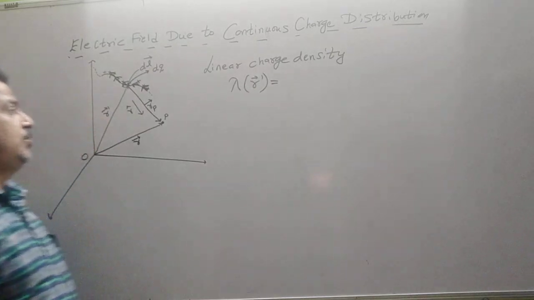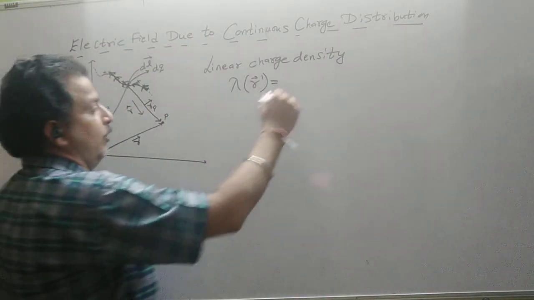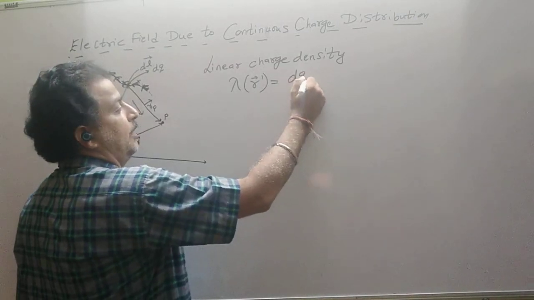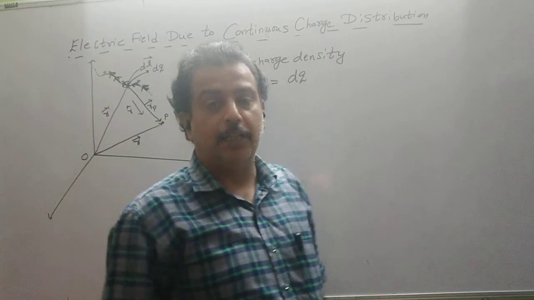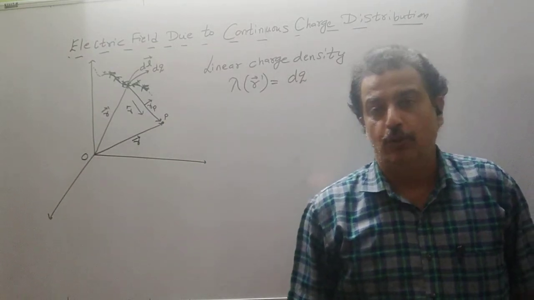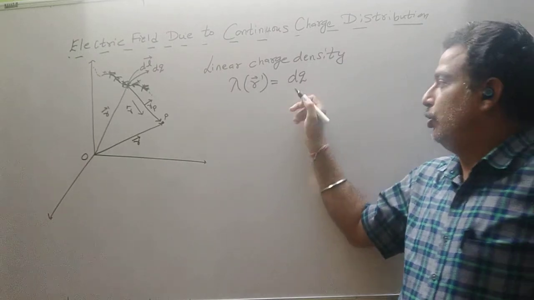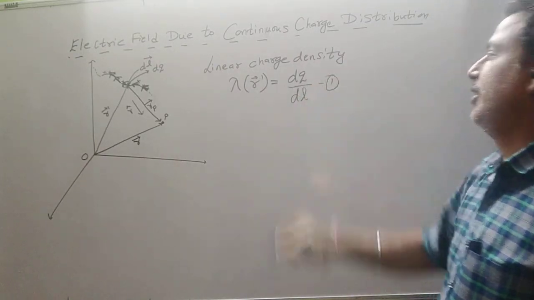If I change the element, some element will have more charge, some will have less charge. For non-uniform distribution, if you remember, we have written delta q upon delta L, and if delta L tends to 0, we write dl. So lambda is dq by dl. This is our equation 1.